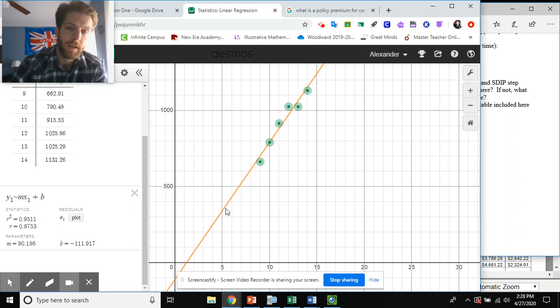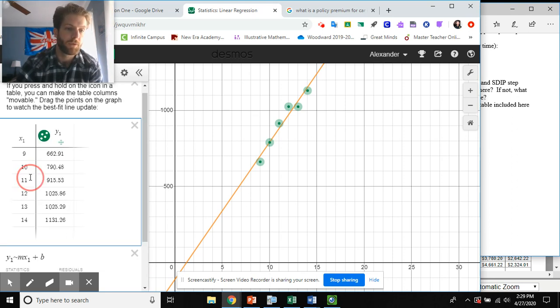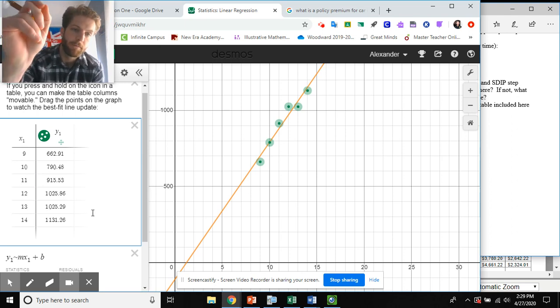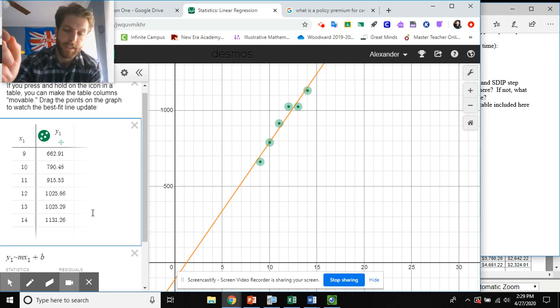Now, if you notice all these dots here, they're pretty close to the line, but they're not exactly on the line, right? So we use predicted values to say, if we didn't have a value for SDIP level 25 or something, based on the prediction, the predicted value, we can get a close estimate of what that might be like.